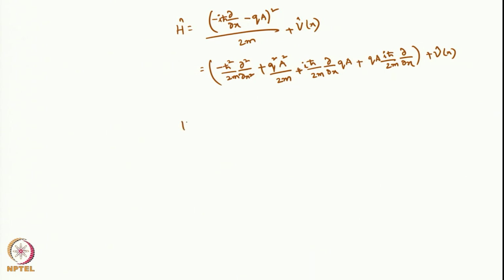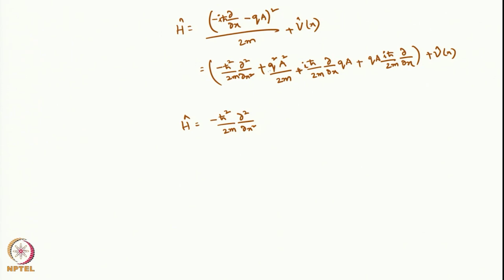Okay. So your H will now be equal to minus h bar square by 2m d square by dx square, okay, minus h bar d square.